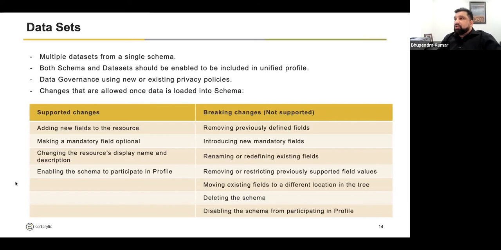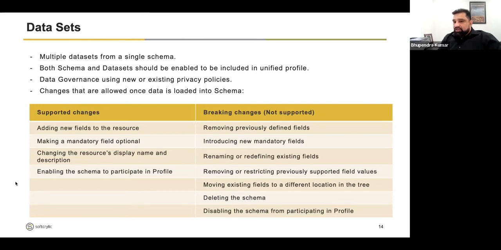Then only that will be considered for a merge policy. In Adobe, we have something called a merge policy, which you have to define, and that defines how your event-based schema and your profile-based schema are going to drive to a unified profile.